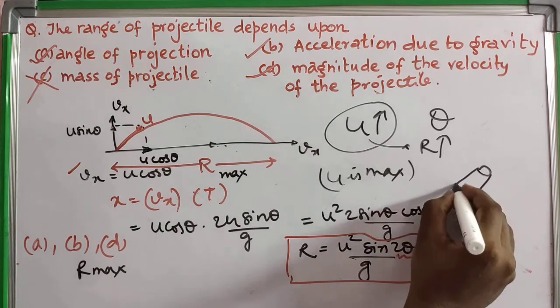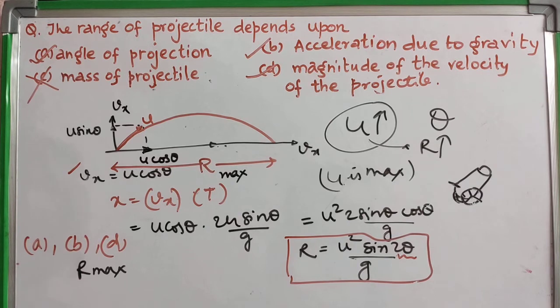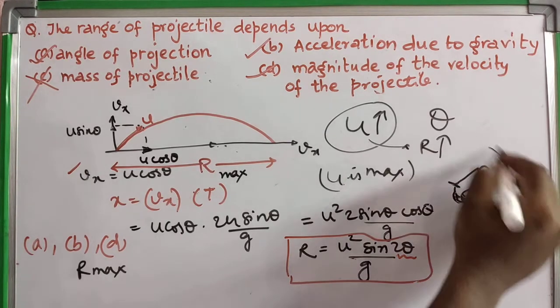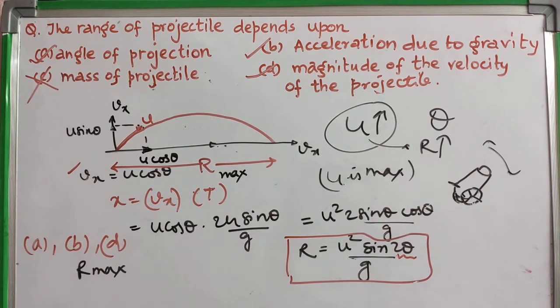When you fire a ball from this, the velocity of the ball is fixed, but what you can change is the angle. In the same way, if u is fixed, the velocity with which it is thrown is fixed, then what you can do is change the angle.